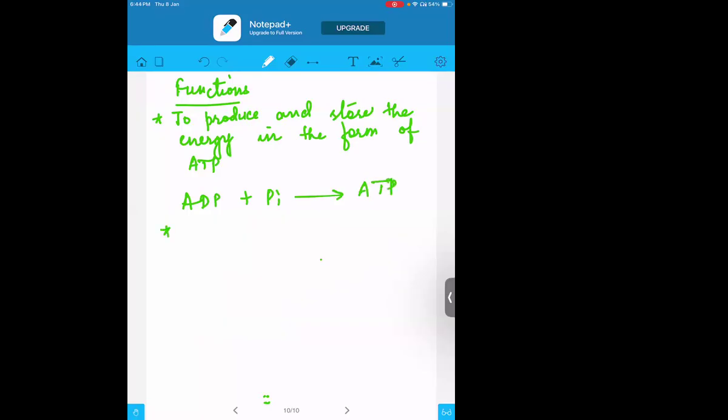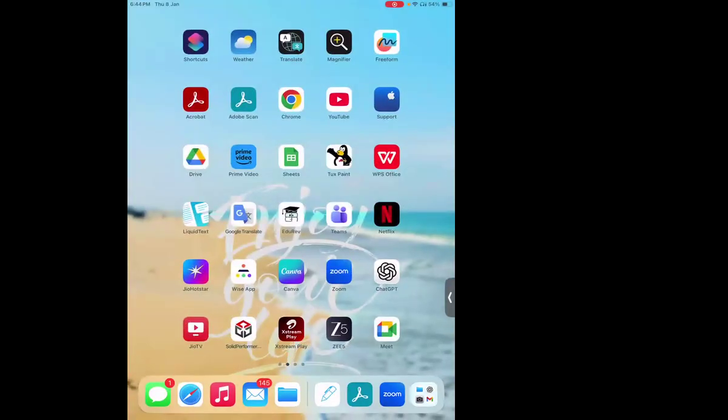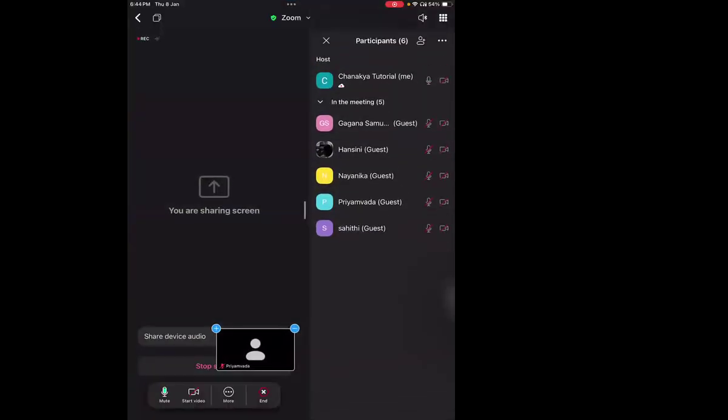Then it is a site of respiration. So the mitochondria is a place where the respiration will take place. So that is about the mitochondria.